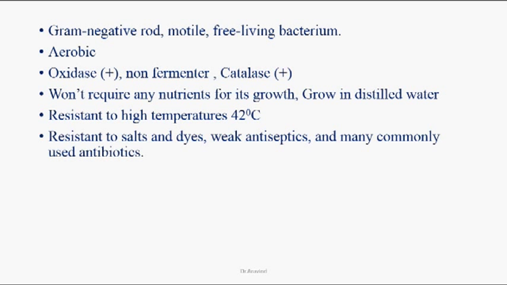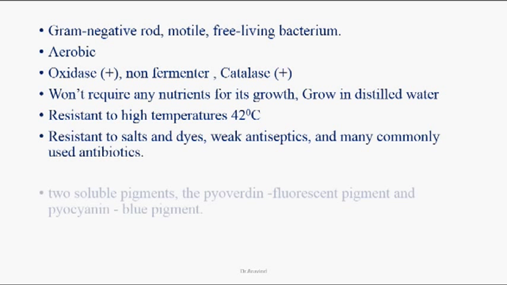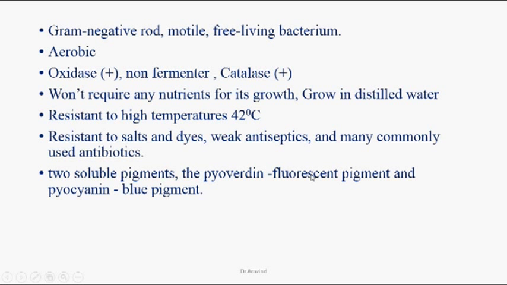This organism is resistant to normally used antibiotics, and these organisms can secrete two water-soluble pigments. One is pyoverdin, which is a fluorescent pigment, and the other one is pyocyanin, which is a blue pigment, and these two pigments also play a major role in the virulence of these organisms.